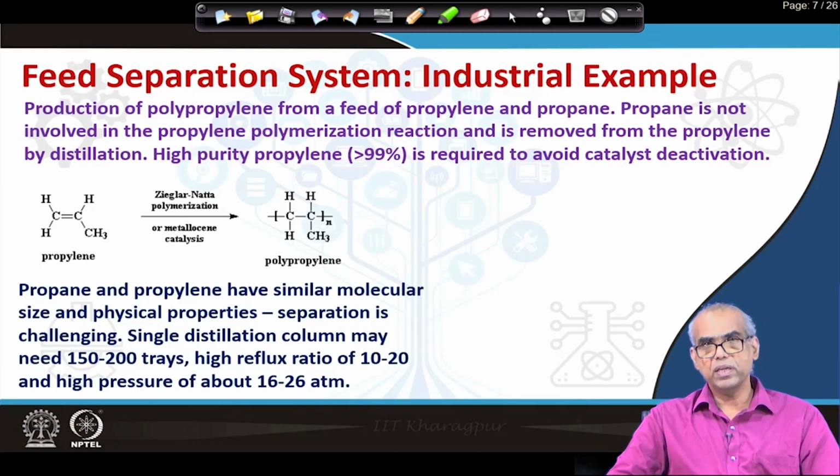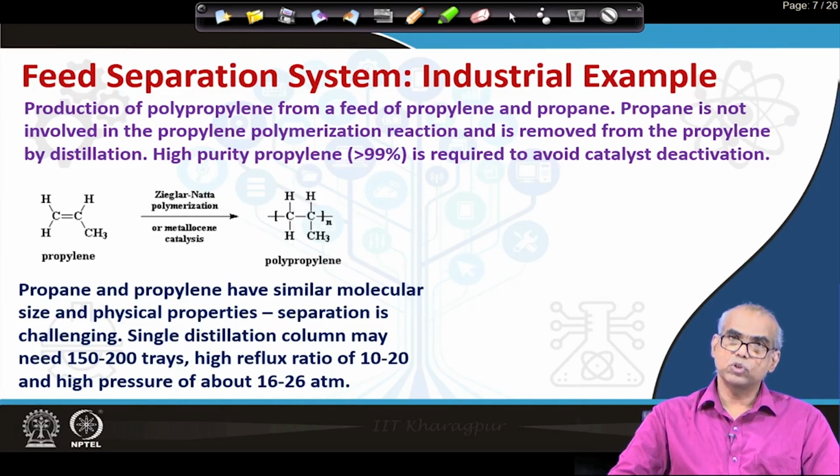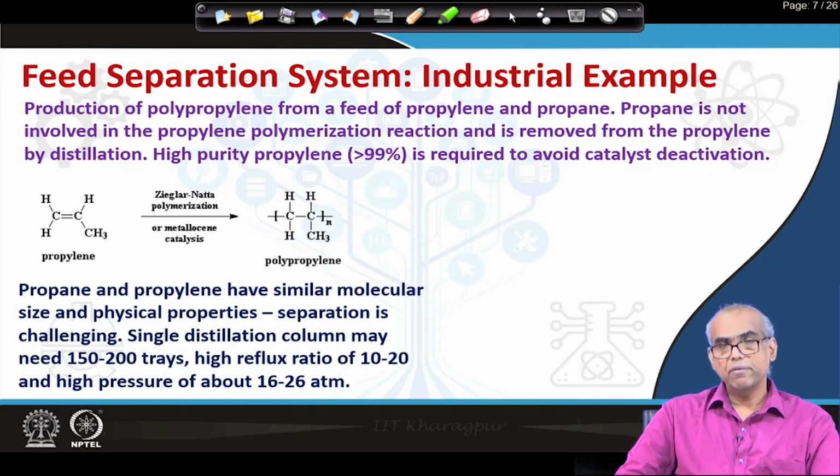A single distillation column, if I use, may require 150 to 200 trays, a very high reflux ratio of about 10 to 20 and a high pressure of about 16 to 26 atmospheres. Now, if I consider the average tray spacing is about 2 feet, 150 to 200 trays will give me a distillation column height of about 300 feet or 400 feet.